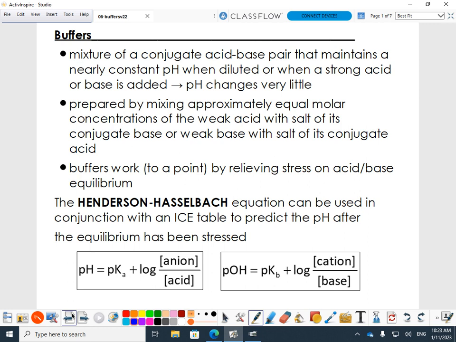We're going to use something called the Henderson-Hasselbalch equation, and this is for buffers only. Yesterday, when we wrote dissociation equations, whether acidic or basic, the ion concentration was 0.